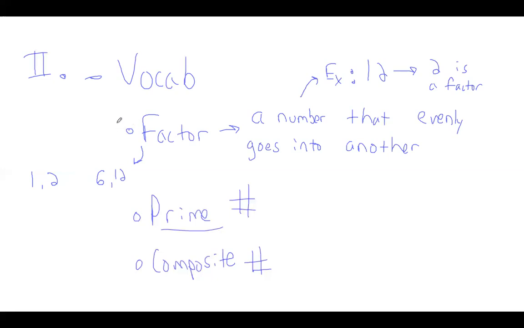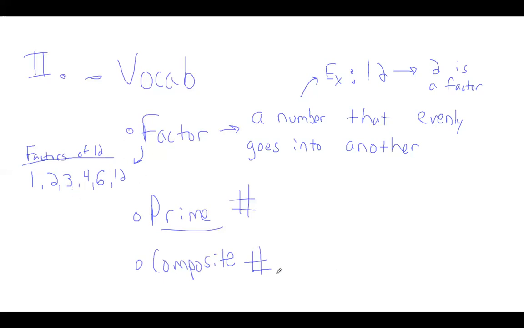That's not what we want. We want only numbers that go evenly, like number 3, right? 3 goes evenly into 12. 3, 6, 9, 12. And so does 4, right? 4, 8, 12. So what I just did right here is I listed all the factors of 12. All the numbers that go evenly into 12 are right here.